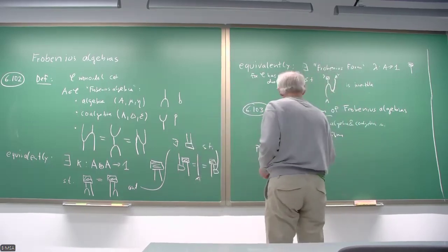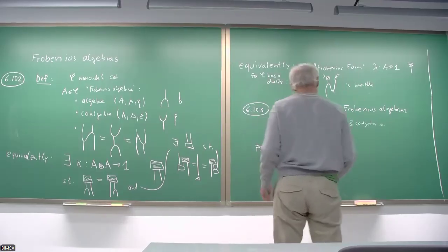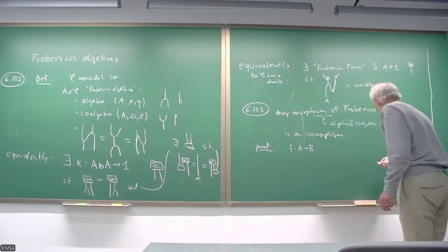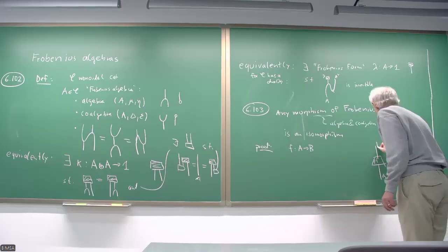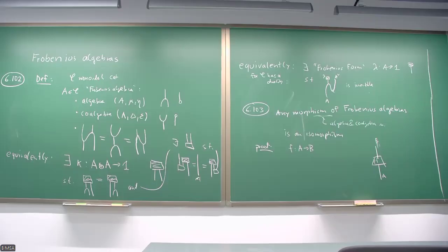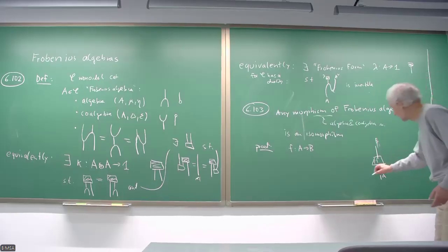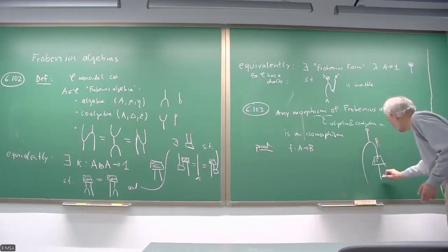Assume we have such a morphism F between Frobenius algebras A and B. We need a candidate for the inverse. It should be a morphism from B to A. And there's a simple way to get such a morphism. Actually, two simple ways which are equivalent.